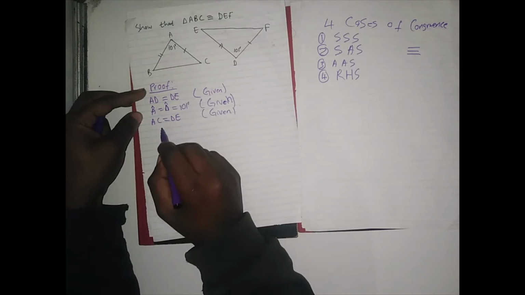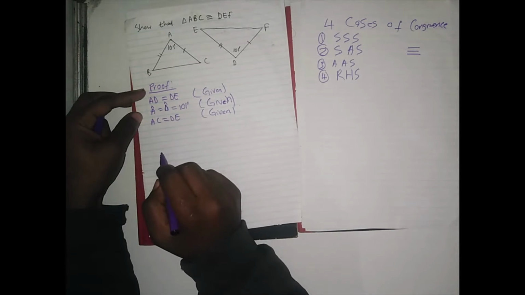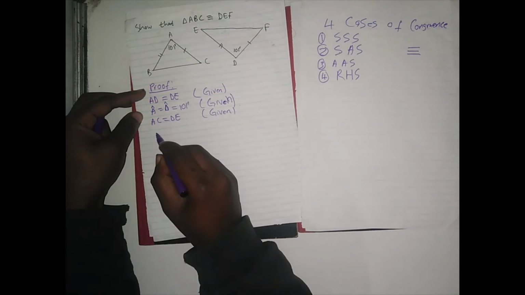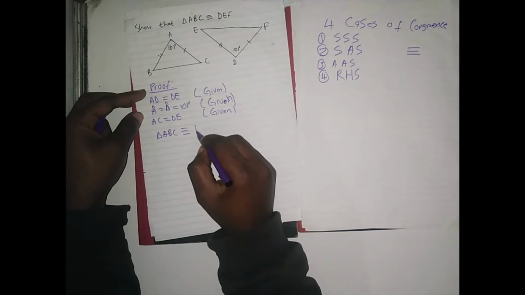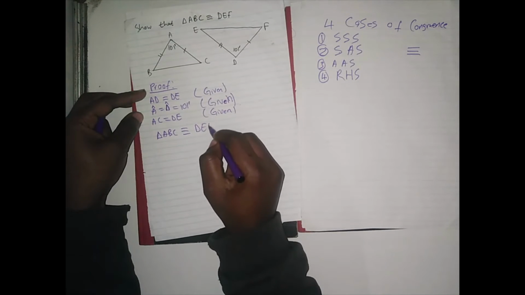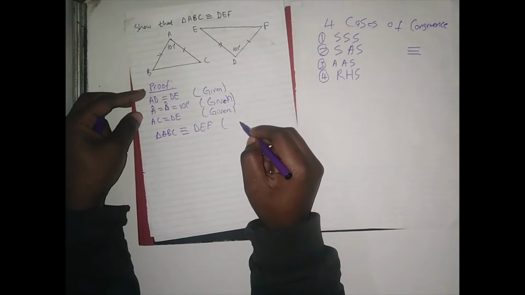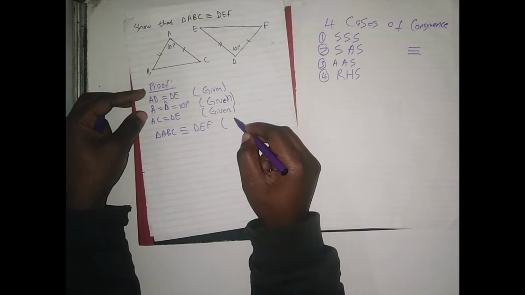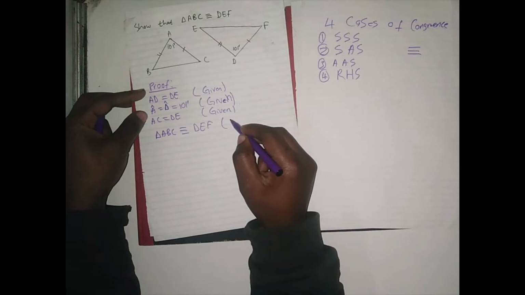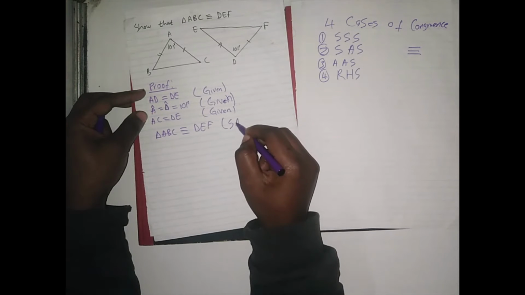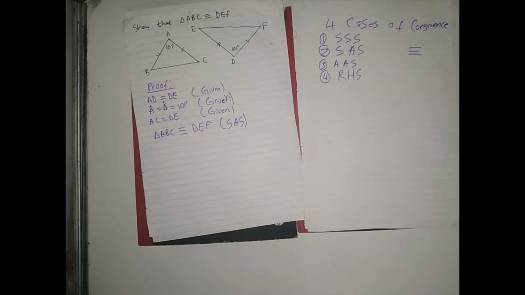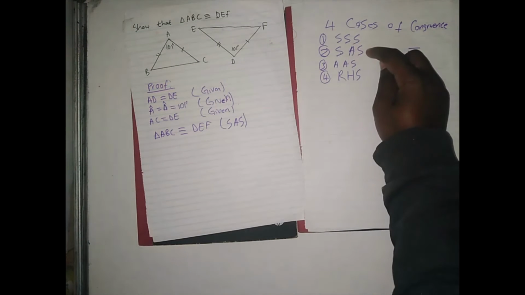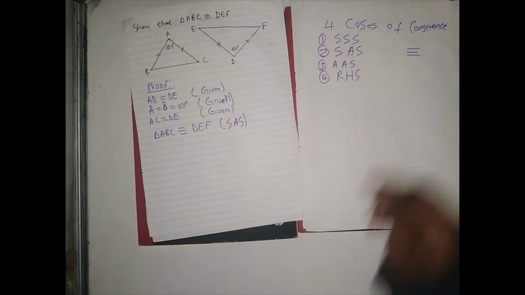Because of that, we have been able to prove congruency. So we can go ahead and say triangle ABC is congruent to triangle DEF. And then what is our reason? Our reason is side, angle, side. Right? So now we have used this one.